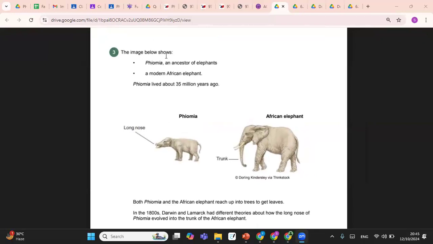The image below shows Fioma, an ancestor of elephants, and a modern African elephant. Fioma lived about 35 million years ago. Both Fioma and the African elephant reach up into trees to get leaves.